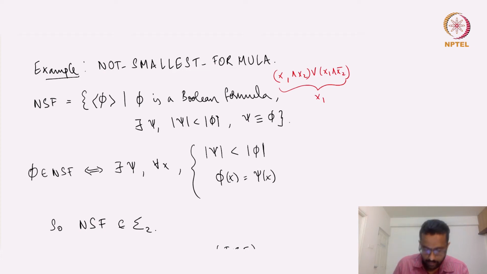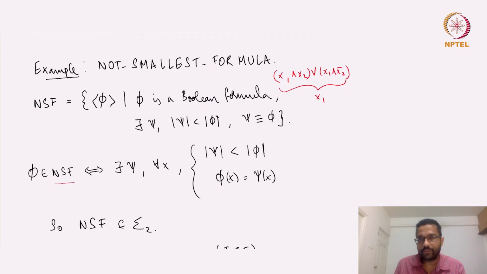So phi is a not smallest formula, NSF, if there exists a formula psi, when is it a not smallest formula? If there is a smaller formula that is equivalent. So there is a smaller formula psi such that for all inputs x, phi and psi are the same.